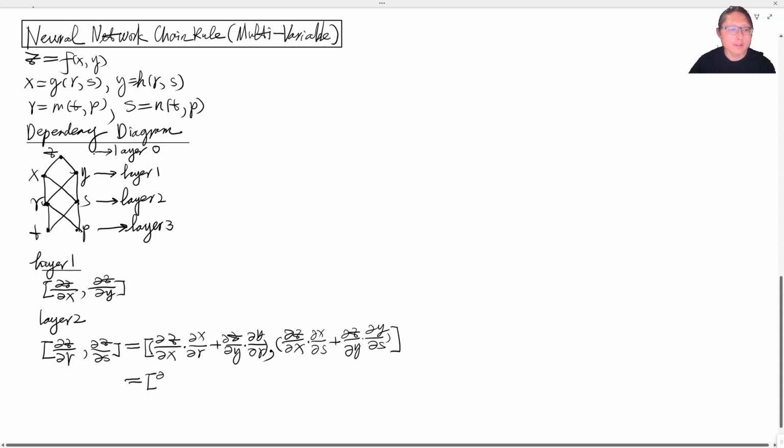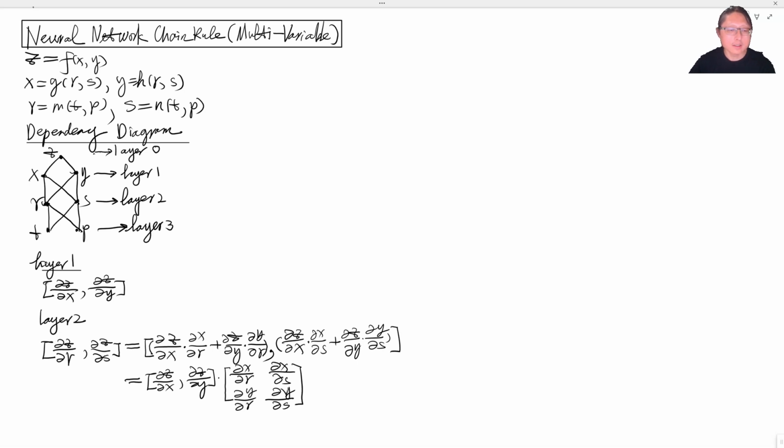After we finish this and observe the relationship between layer 1 and layer 2, we can write it in a matrix format to describe the relationship of the partial derivatives between layer 1 and layer 2. This one is very simple because it only has one layer, and we write it as a vector multiplied by a matrix. We can see this is a Jacobian matrix.